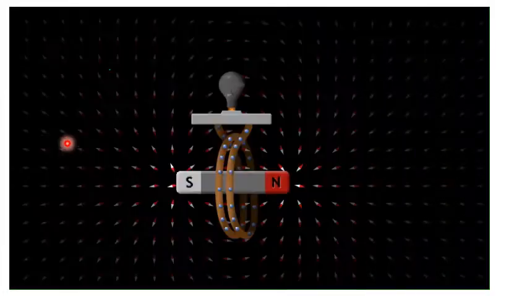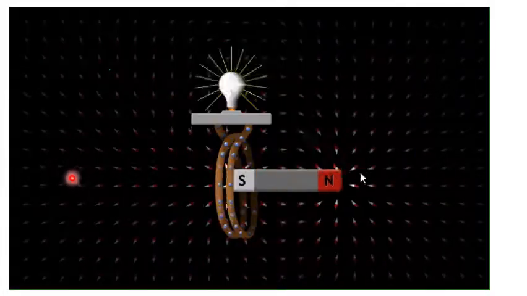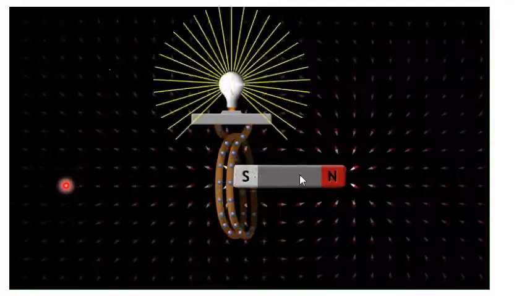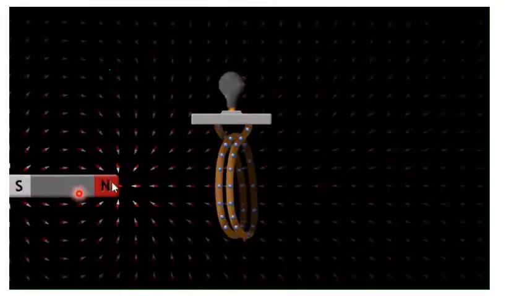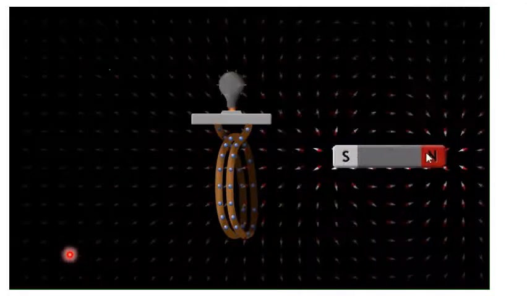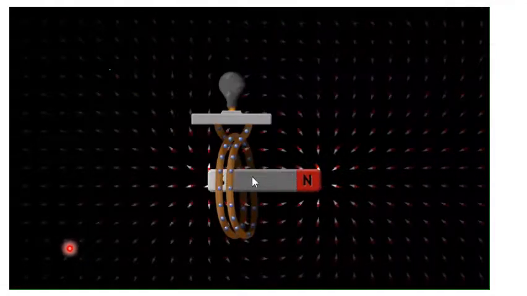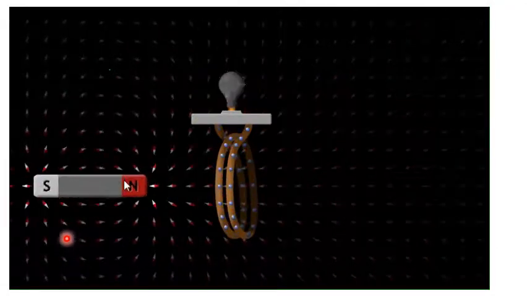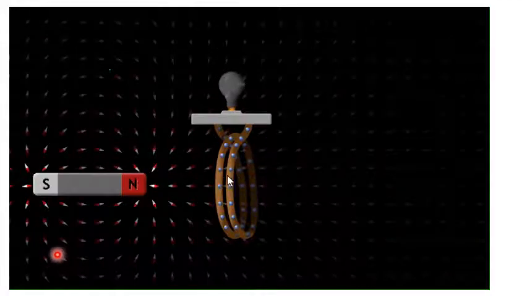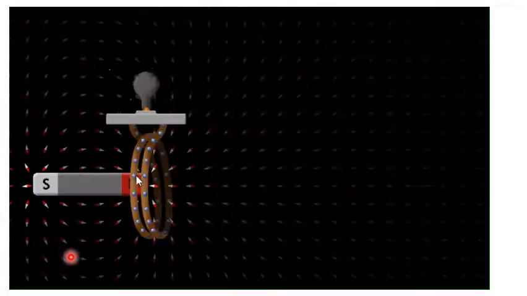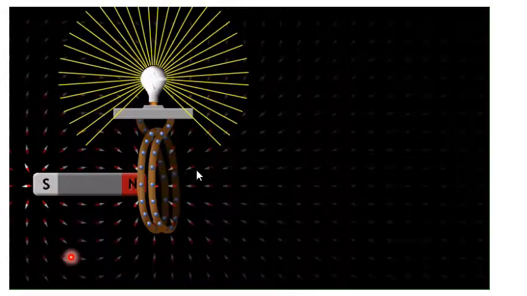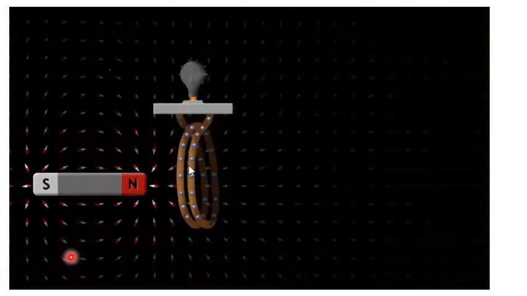Okay, so in this video, we'll see whenever you move a magnet near a coil, the bulb will glow. The important thing is, if there is movement of magnet, then only the bulb is glowing, else the bulb is not glowing. Even if you keep the magnet stationary and move the coil, then also this bulb will glow.